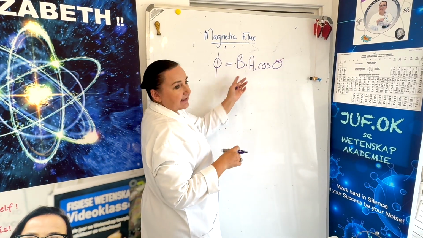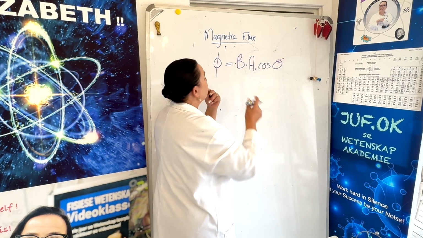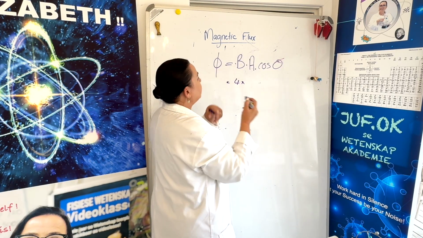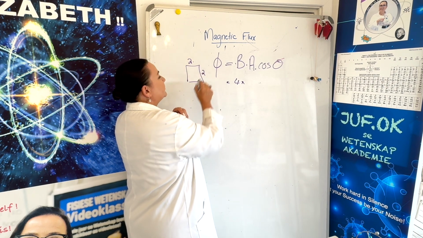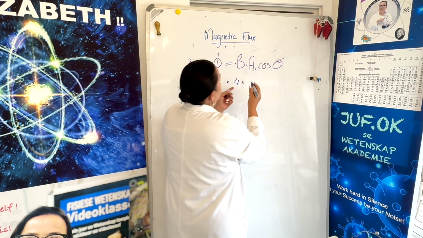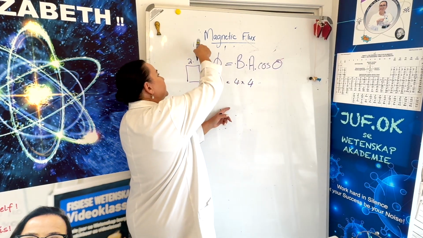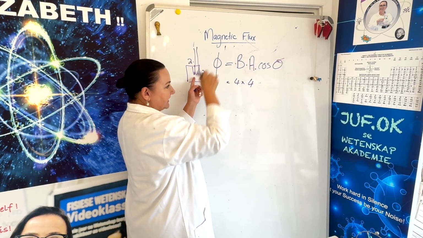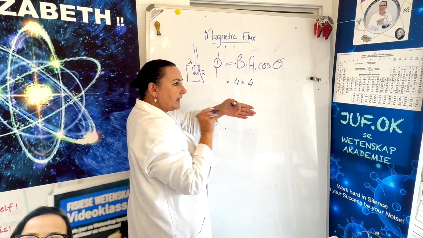So let's say the magnet that they're using is a strength of 4 Tesla times, and they tell me it's a square of, let's say, 2 meters by 2 meters. So that's going to be 2 times 2 is 4 square meters. And let's say they say the angle at which the magnetic field lines hit is 90 degrees to the area.